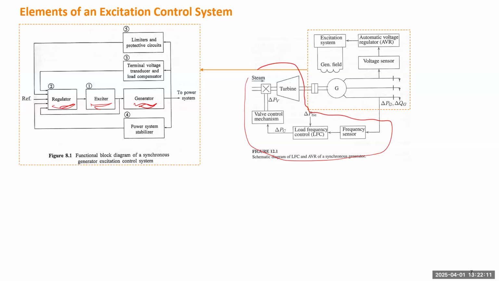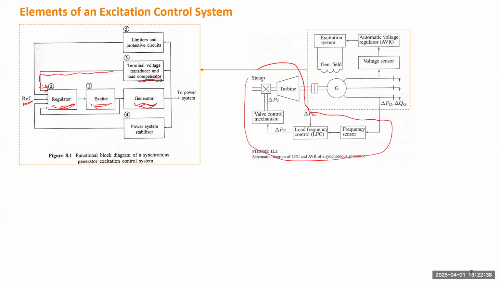And there are other components to measure the terminal voltage and send it back, like the terminal voltage transducer and the load compensator. They measure the voltage signal or other signals and give it to the regulator. And we also have a reference, so that actually finishes the closed loop.